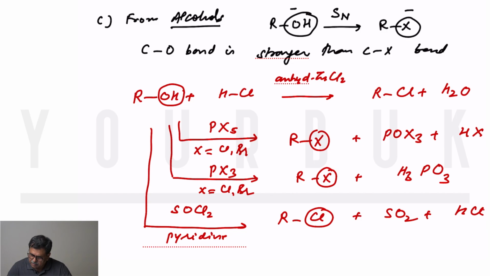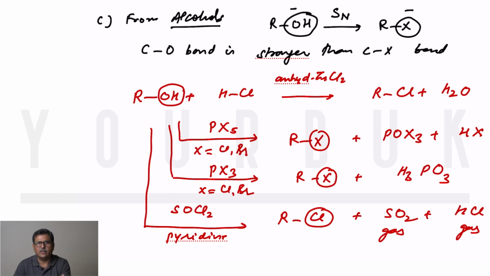And since both the side products are gases, HCl is a gas, sulfur dioxide is a gas, so they escape into the atmosphere and they help in shifting the equilibrium in the forward direction. So we prefer SOCl2 over other reagents. So as a student, whenever you have to replace the OH by Cl, you always prefer SOCl2 or PCl5.